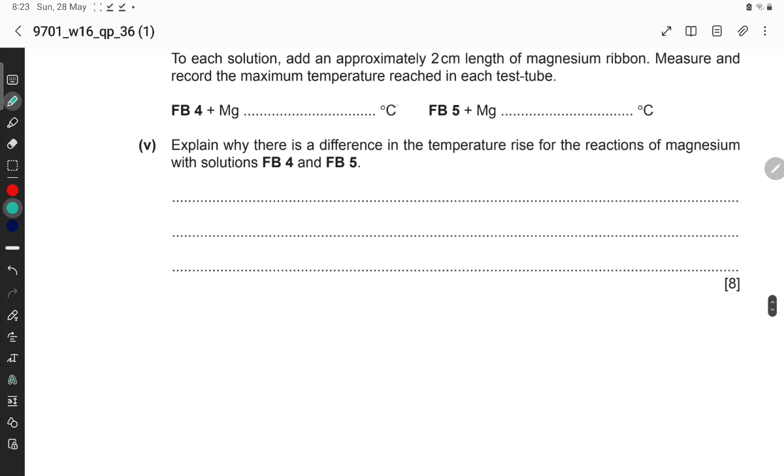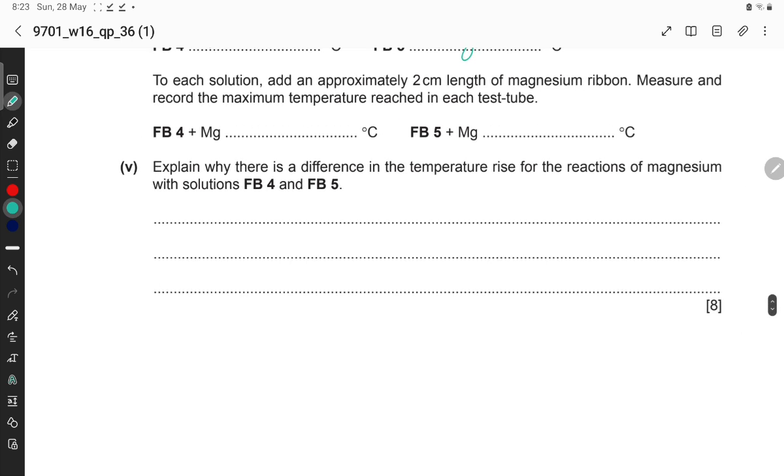To each solution, add an approximately 2 cm length of magnesium ribbon. Measure and record the maximum temperature reached in the test tube. So, FB4 plus magnesium, write down the temperature over here, and FB5. Keep in mind FB4 is a weak acid and the temperature would definitely be low, and FB5 is a strong acid.